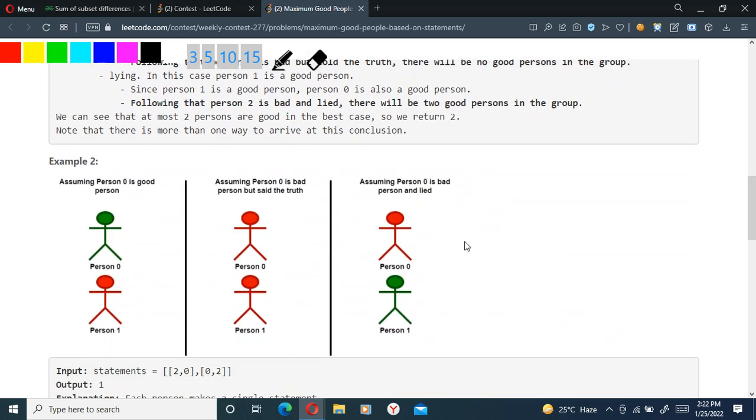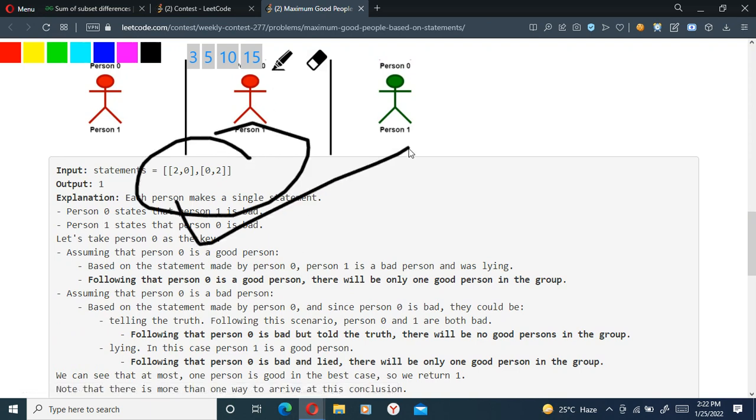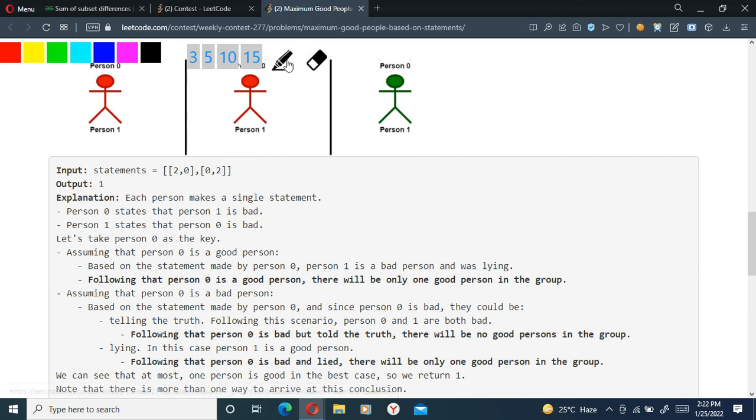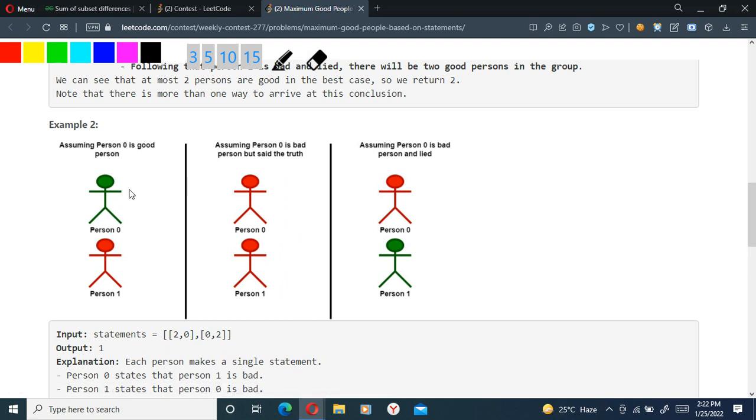So what do we have? Now here I've got multiple zeros, so I can start from any one. Let's say I start from here, 2 0 and 0 2. So there can be many conditions.